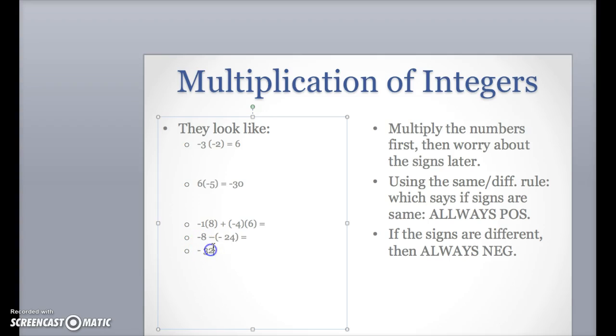So then you get 8 minus 8 plus 24. Let's see, it's a plus, and this is going to be a minus. And so I get minus 32.